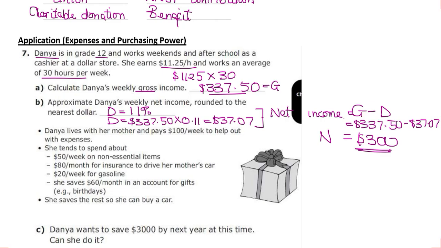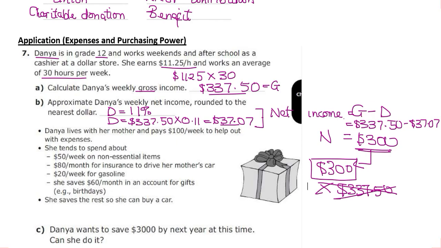Keep this in mind: first, you need to know the percentage of the deduction taken off that gross income, which is what we found, and then we found the net income by subtracting the deduction from the gross income, which is in this case $300. So this person will see $300 in her bank account, not $337.50.